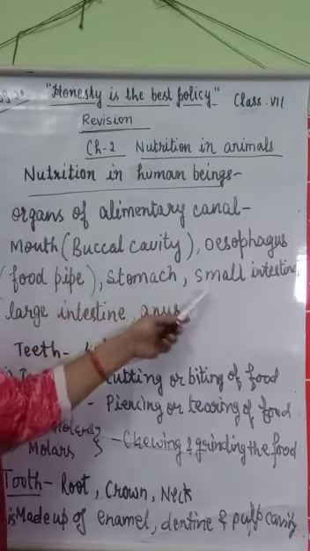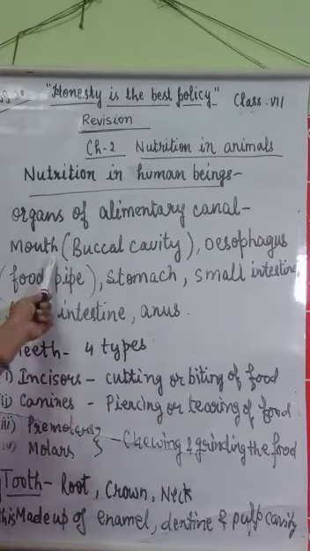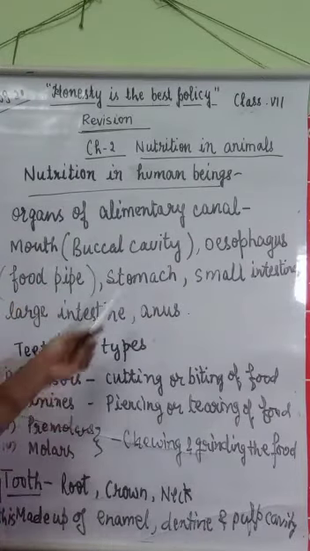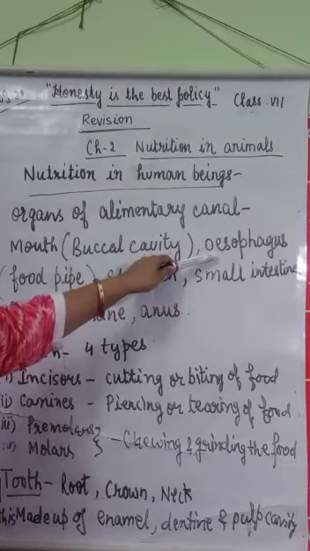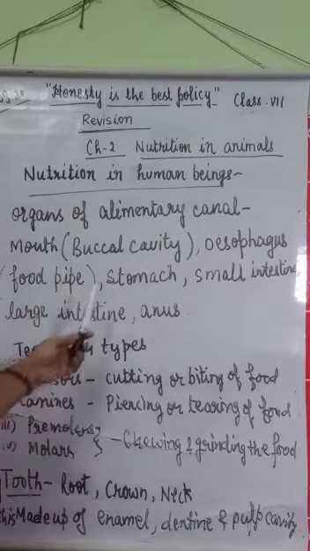Mouth, stomach and small intestine secrete some digestive juices which help in the digestion of food. Mouth has salivary glands which secrete saliva, which makes the food wet and slippery. In the esophagus, no digestion takes place, and it does not produce any digestive juices.